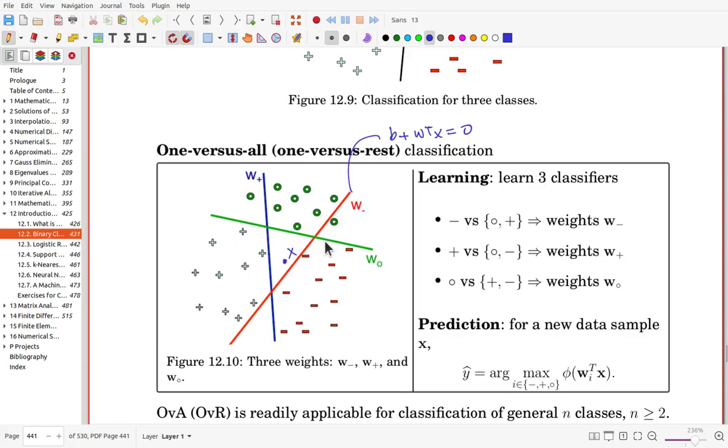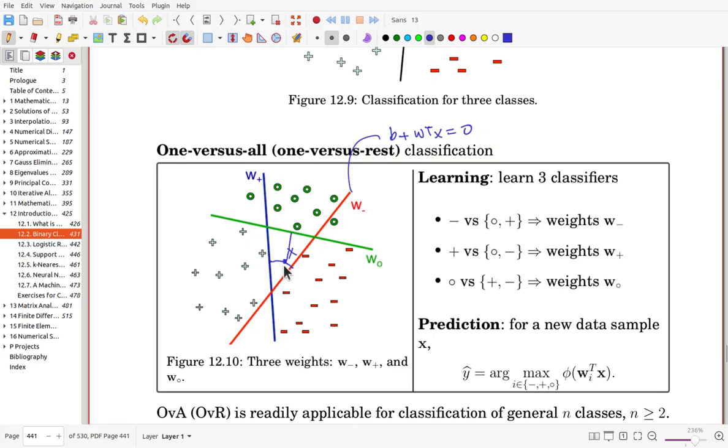Now, for the green one, of course, that side is positive and that side is negative. So from the red one, this is negative, from the green one, this is negative. Similarly, from the blue one, we have a negative, and along this line the blue classifier is 0.